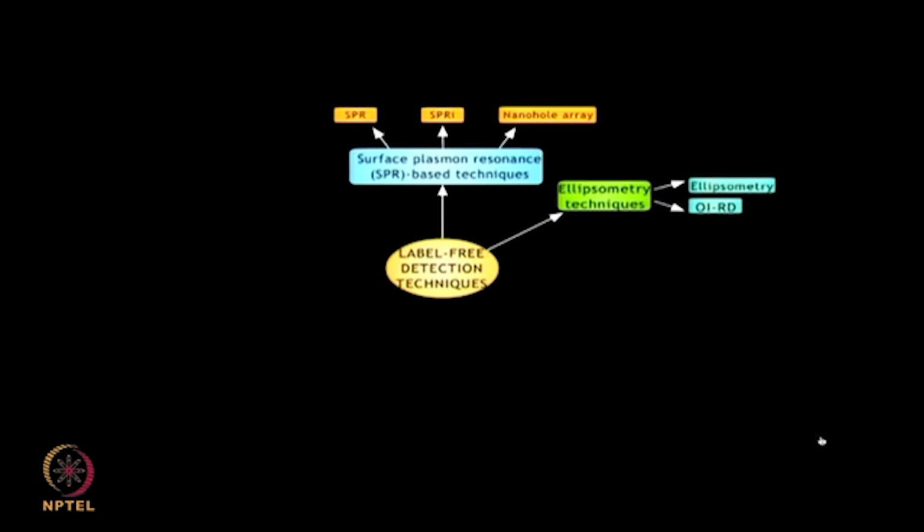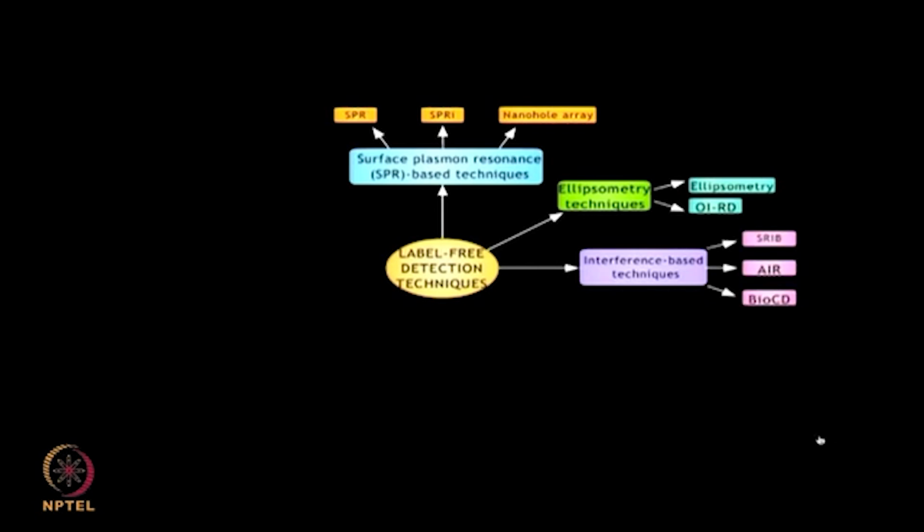Second, OIRD or oblique incidence reflectivity difference: a variation of ellipsometry that monitors harmonics of modulated photocurrents under nulling conditions.